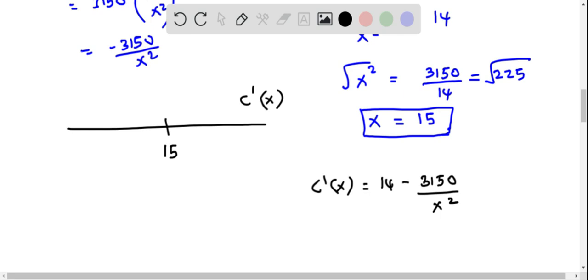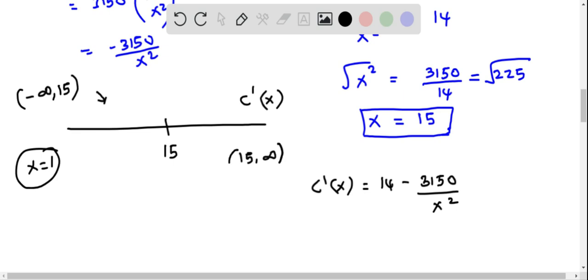Now we can pick some random values before x equal to 15 and after x equal to 15. So I'm going to pick x equal to 1 to determine the sign of this interval, that is from negative infinity to 15, and the other interval is greater than 15, that is 15 to infinity. So we can pick x equal to 1 in this interval and substitute in this function.